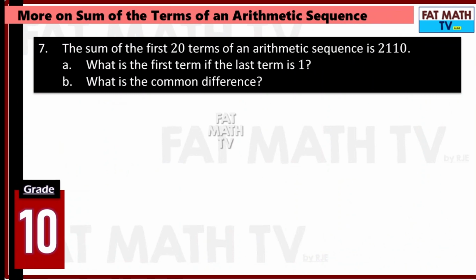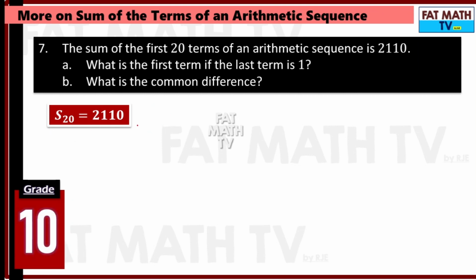Number 7. The sum of the first 20 terms of an arithmetic sequence is 2,110. What is the first term if the last term is 1, and what is the common difference? So same kind of problem, so we will have the same process. There are 20 terms and the sum of the first 20 terms is 2,110.